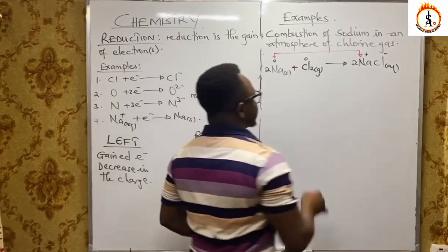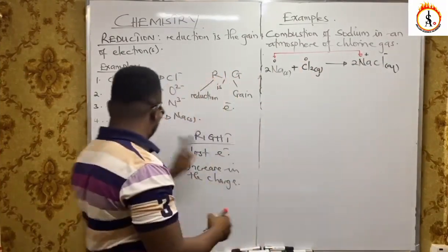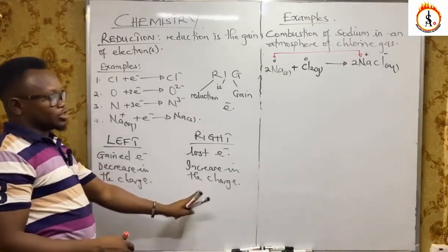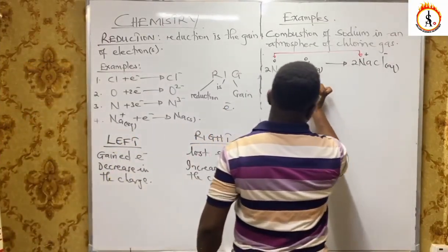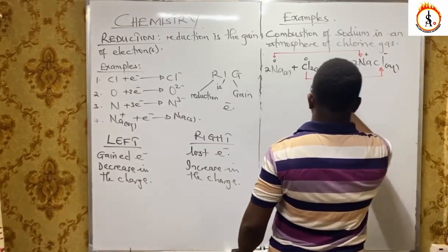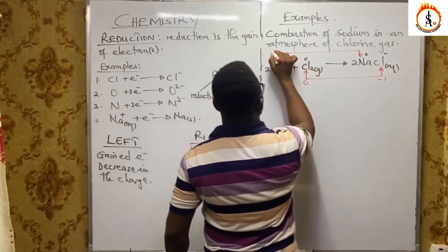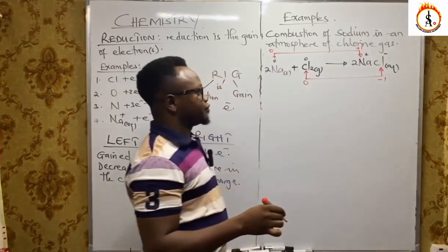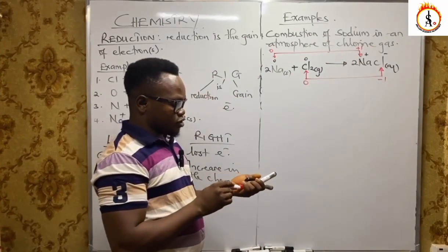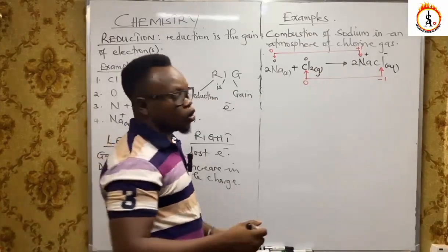Okay, you see here sodium and this, so the charge has what? Increased. I told you of increase in charge and then decrease in charge. And if we look at the chlorine here, it has decreased from 0 to -1, and these have increased from 0 to +1.